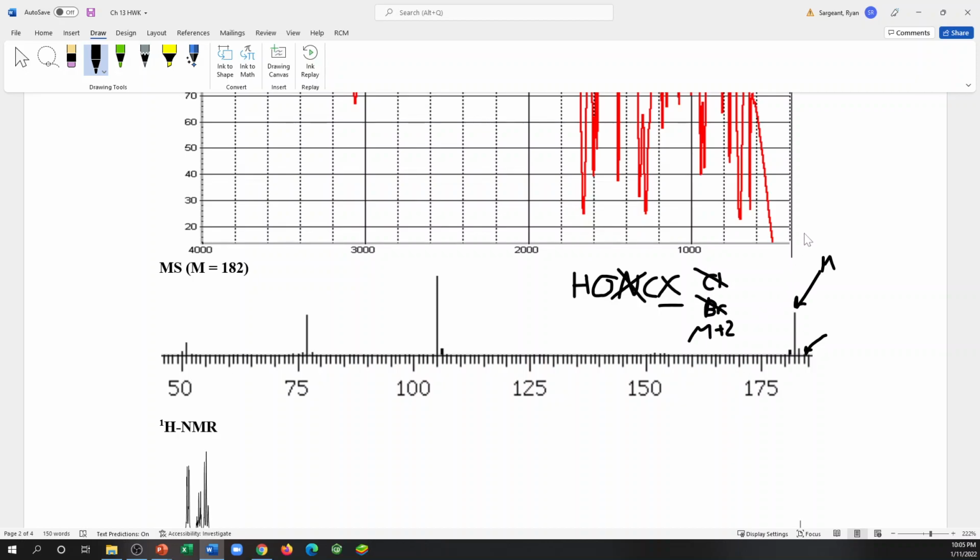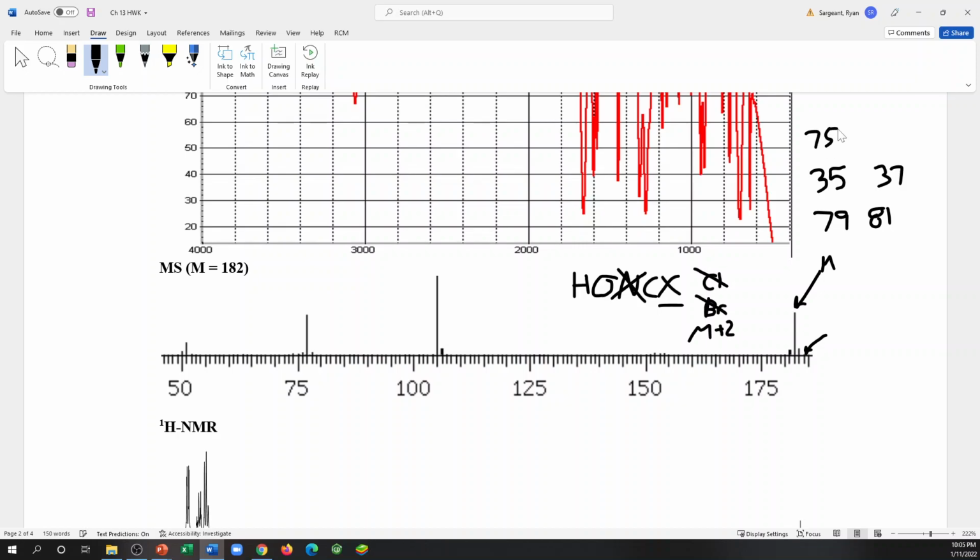These M+2 peaks occur because chlorine and bromine both have a second isotope. For chlorine, chlorine-35 is the most common isotope, but there's also chlorine-37. Bromine has an isotope of 79, which is the more common, and then the less common isotope is bromine-81. Notice how the molar mass of those isotopes differs by 2.